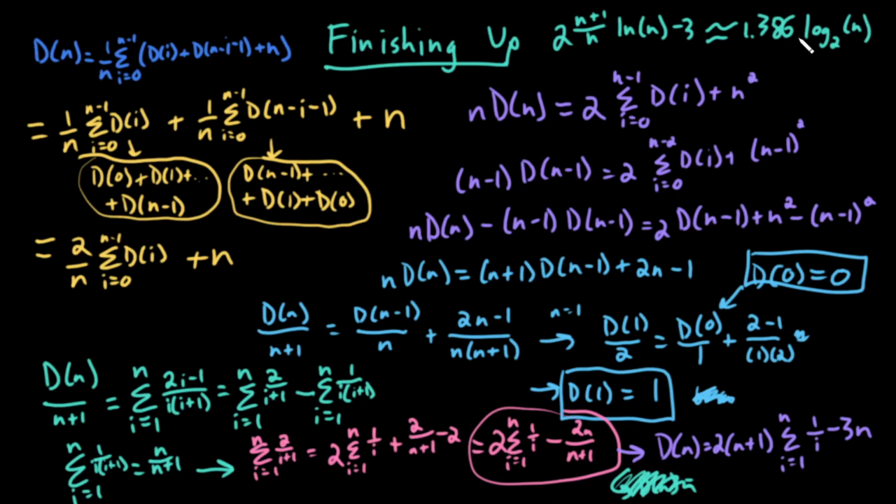All that matters to you, if you didn't follow anything in this super lengthy derivation, is this log base 2 of n term. It's some constant times log base 2 of n. So all we care about is that this shows that this is in expectation big O of log n.